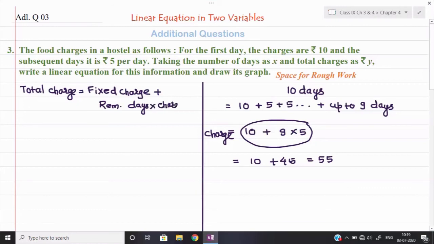Now what is the charge they are charging for each and every day? So I will write down here charge per day.